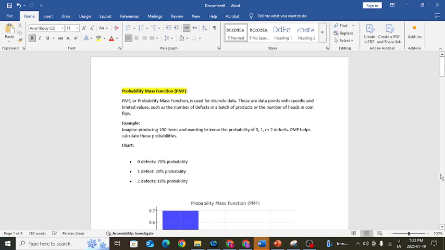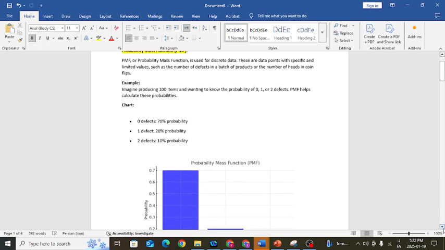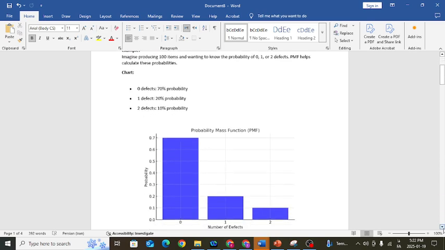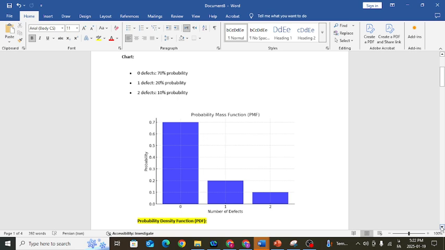The probability mass function helps calculate this probability. So, I'll bring a chart about the probability mass function, and I think it can be more tangible for you.